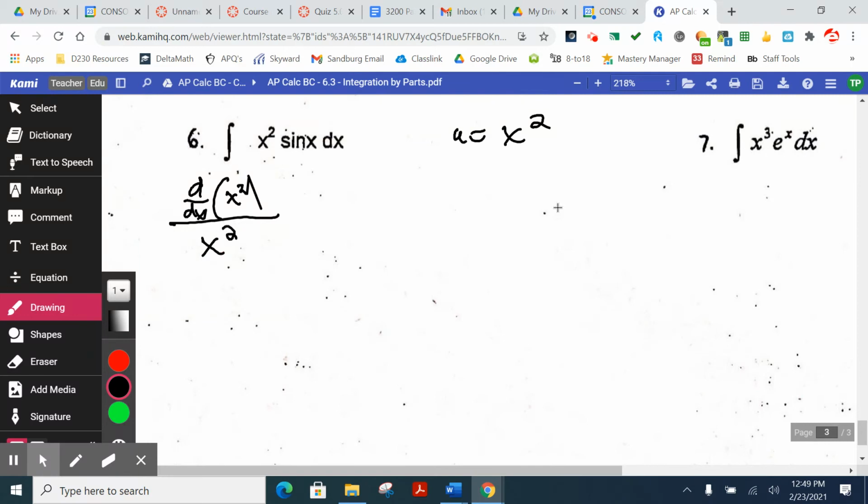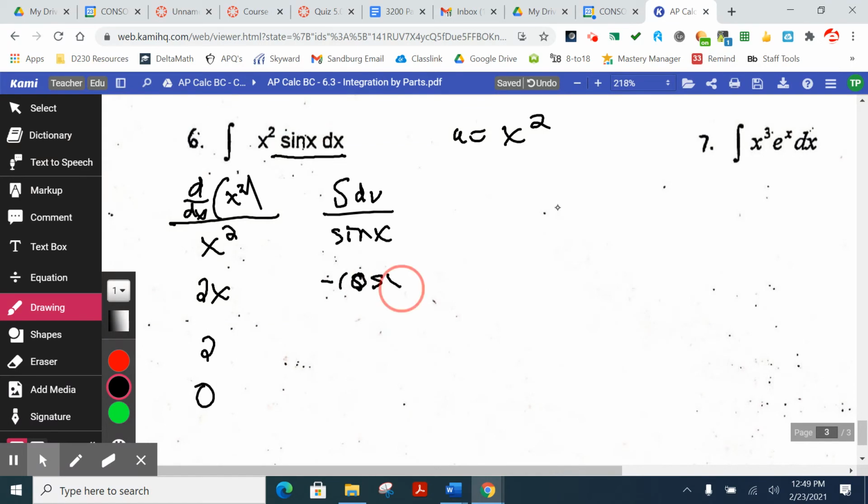So we start with x squared, and you just crank out derivatives until you can't anymore. On the right-hand side, you're going to do the antiderivative of whatever your dv would have been. Well, we would have picked dv to be sine of x. So we start with that, and then just do antiderivatives until we get to the equal number of them. So the antiderivative of sine would be a negative cosine.